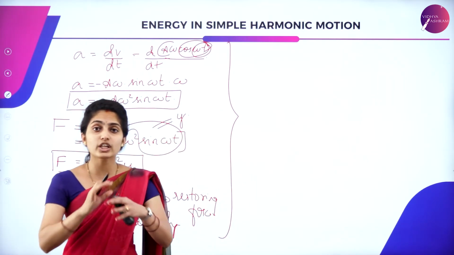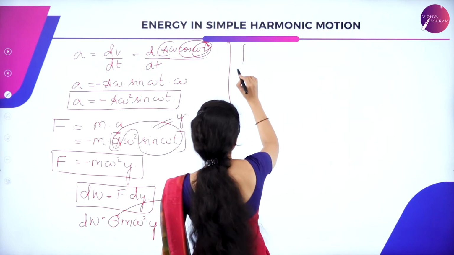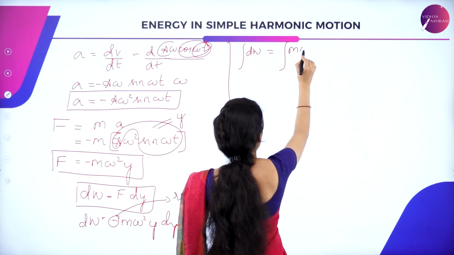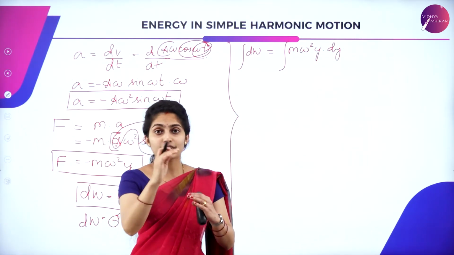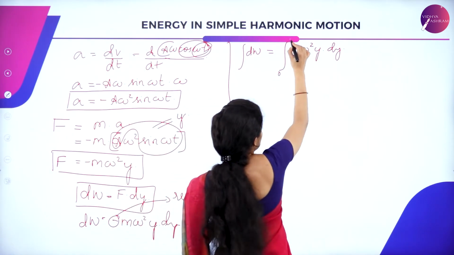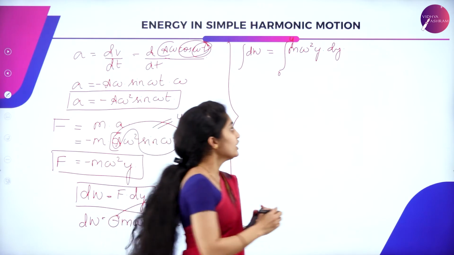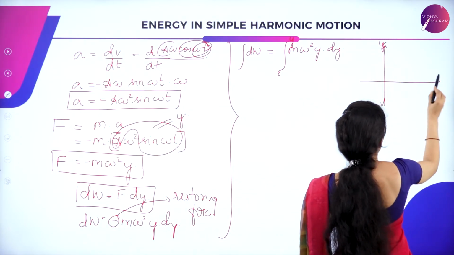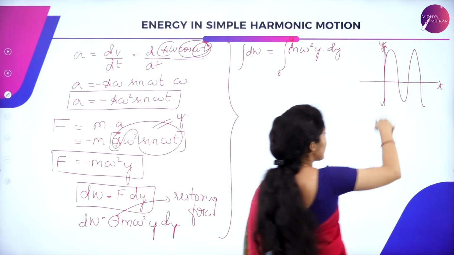So for the total work done by the system, what are we doing? It is like integrating dW, which is equal to the integration of m omega square y into dy, from 0 to the displacement y, because it's undergoing a certain displacement. Here the displacement is determined by y, from 0 to y, the amplitude.